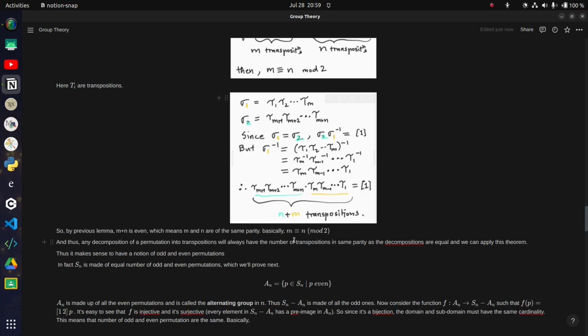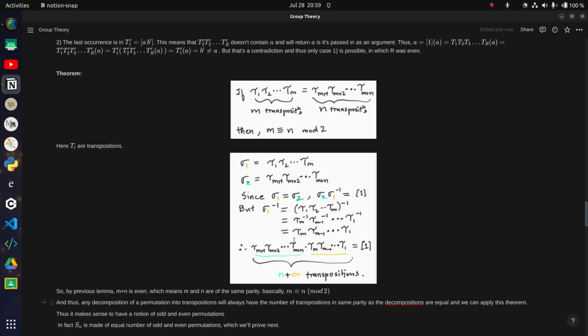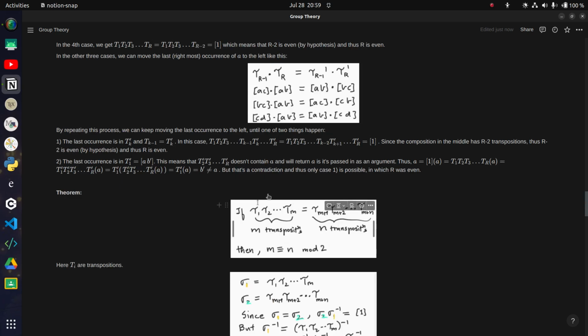Okay, and thus any decomposition of a permutation into transpositions will always have the number of transpositions in the same parity, as the decompositions are equal, right? So what we are saying is that in this equation, the left hand side and right hand side are decompositions of the same permutation, although we don't know the permutation.